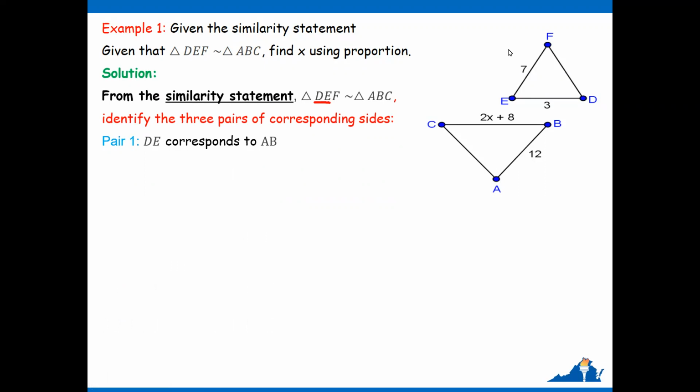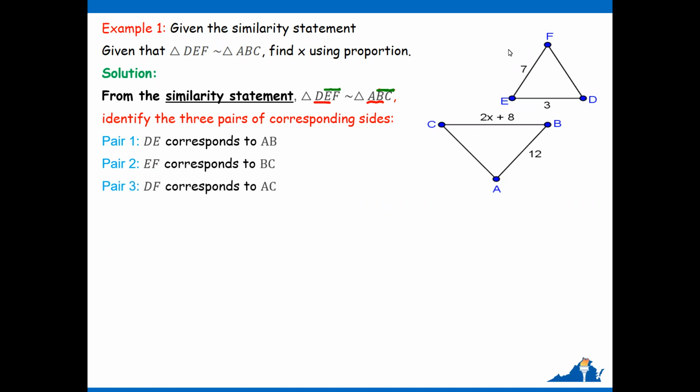Because DE occupies the first two positions, and AB the same, so they correspond. Pair number 2, EF corresponds to BC. EF occupies the last two positions, BC the same, the last two. Therefore, they correspond.